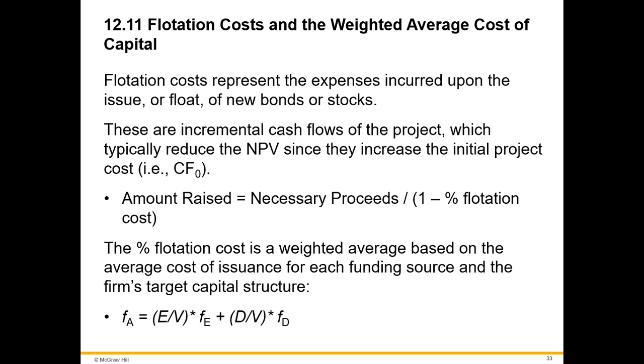And here's how we do it. Because they use equal amounts of debt and equity, the average flotation cost, which is represented down at the bottom of our screen here, FA, equals the percentage for debt times the percentage investing in equity times the cost of the equity, which is 10%, that's given, plus, since it's 50-50, debt and equity, 50% times the cost of debt, which is 2%.